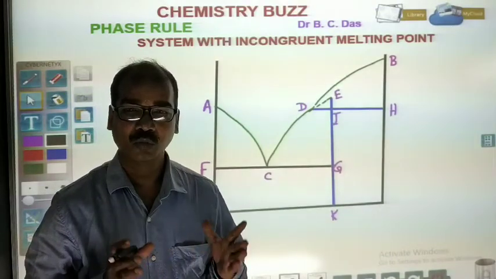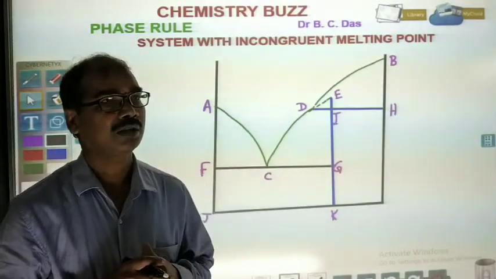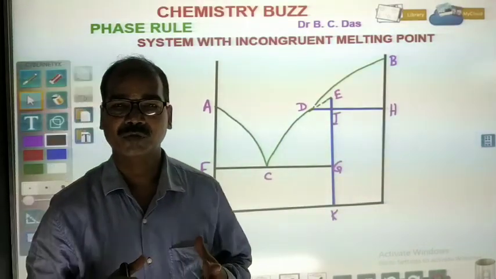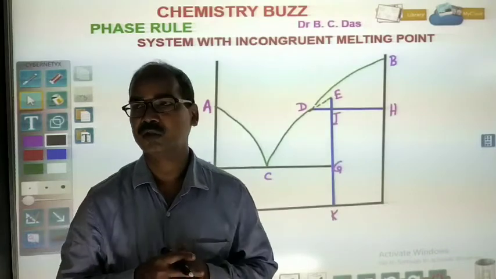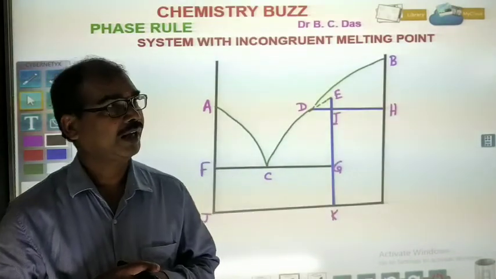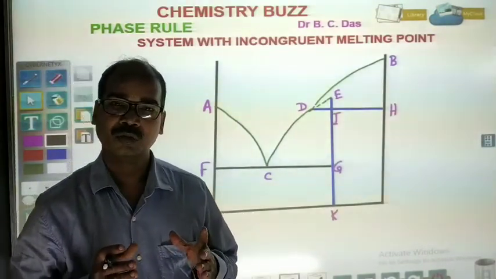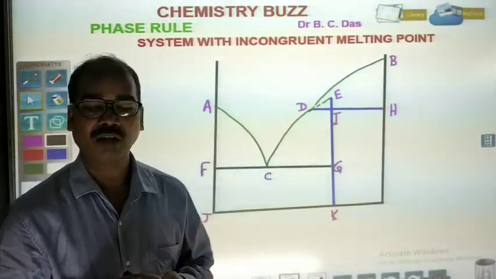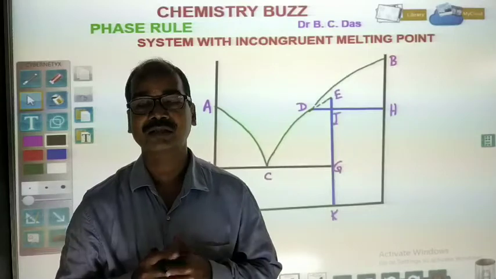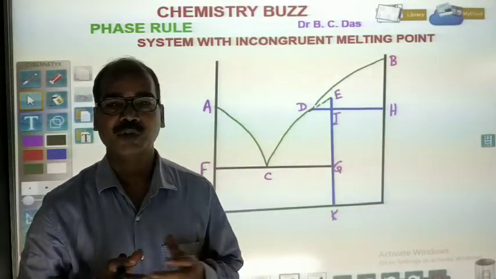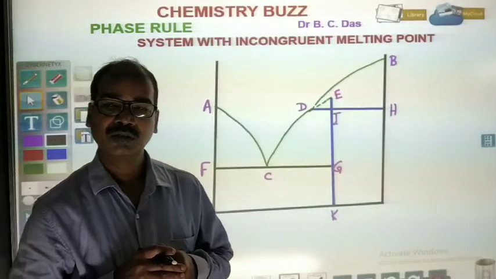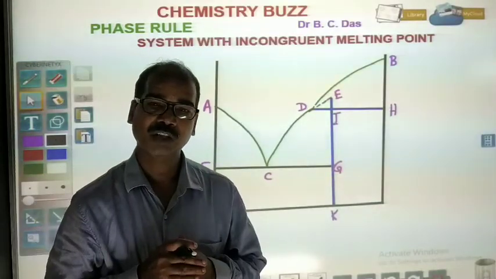So the two components are miscible in their fused state or liquid state, and when they do not react, they form a eutectic. When they react to form a new compound with a congruent melting point, that compound is stable up to its melting point.